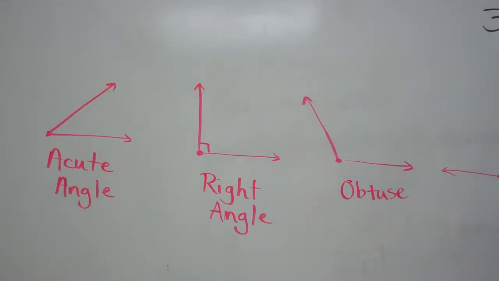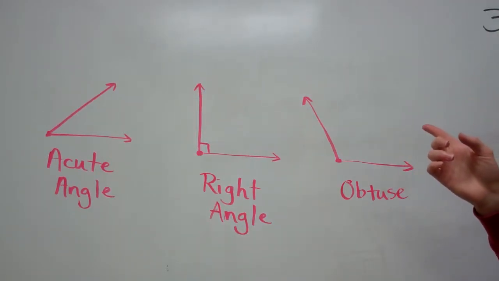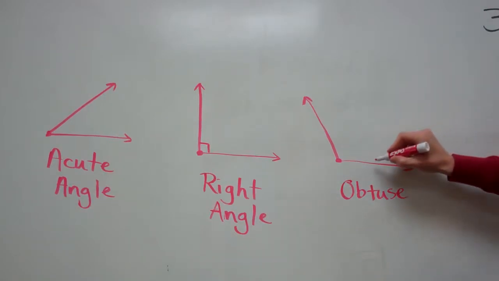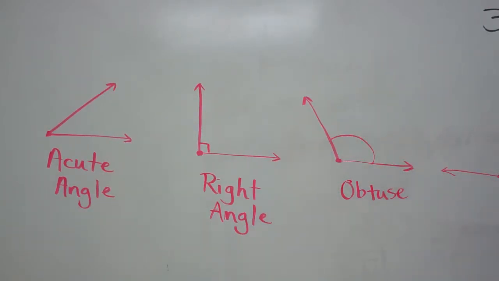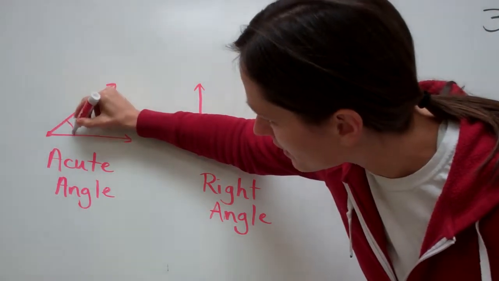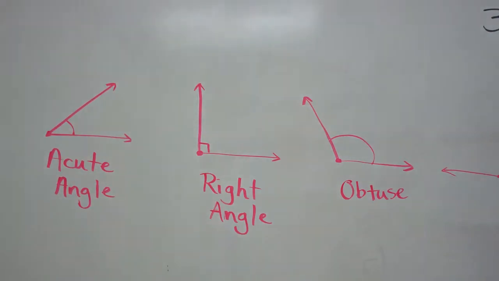Someone's overweight, and I'm not trying to make fun of people or anything like that. I want y'all to hear something. This is the way I remember that obtuse is the fat angle. You see how big this angle is. Look how big that angle is. This angle is fat. See how little this angle is? Little bitty angle. This one's just got a big fat belly.